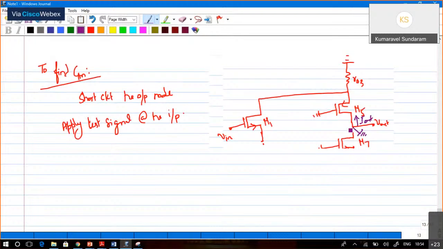Short circuit means voltage is 0, current is going to flow. This I out current is generated based on applying V.